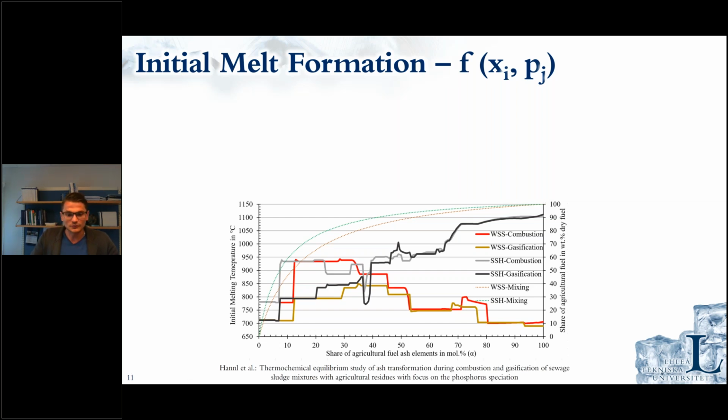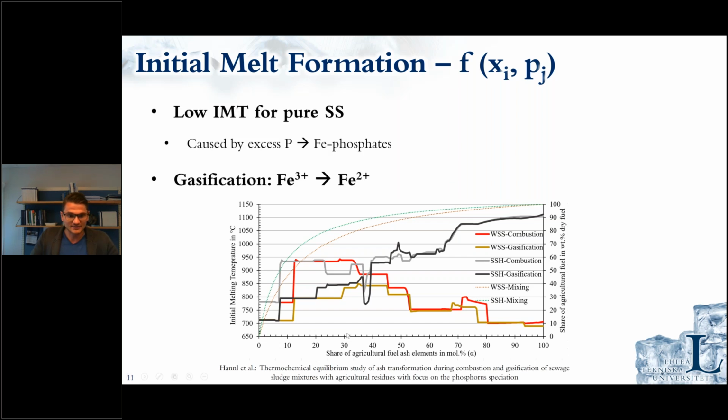This is done for the sewage sludge mixtures. As we can see in this graph, we have to the very left a deviation between the systems when it comes to gasification and combustion. This is due to the detection of a different oxidization state of iron in our system. Basically, we can create iron phosphates because we have an excess of phosphorus on a molar base in our ash composition.